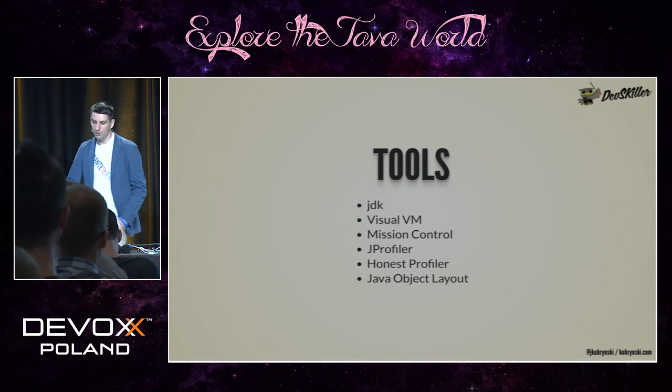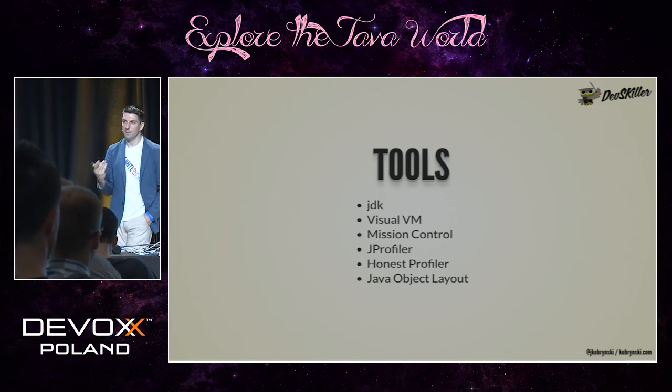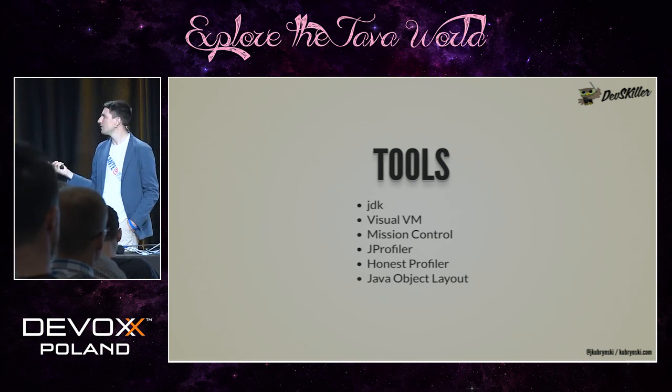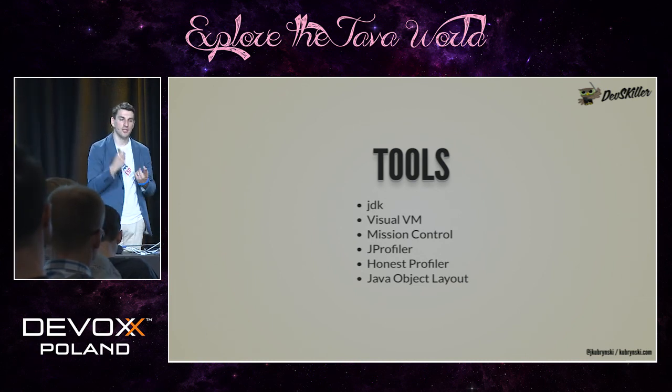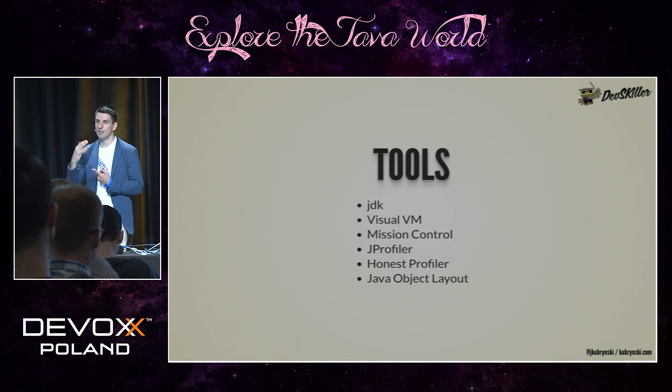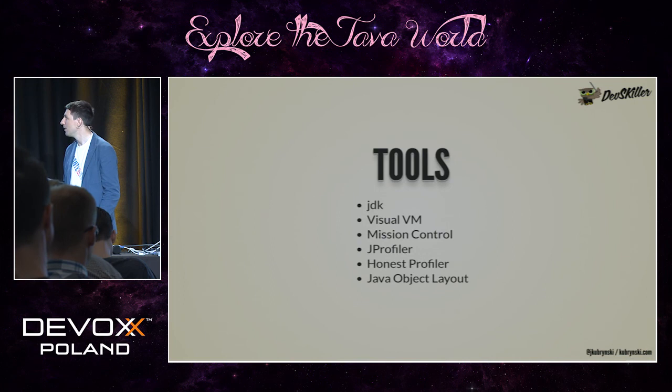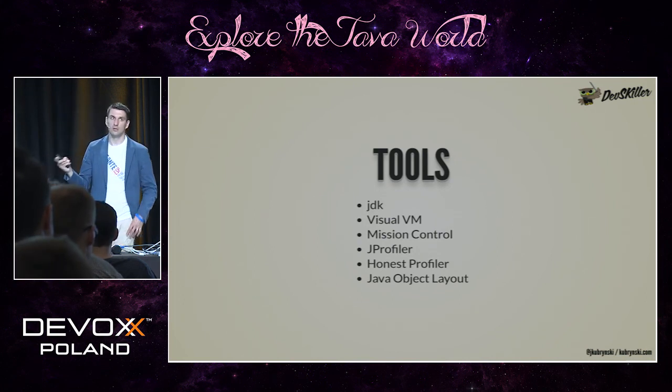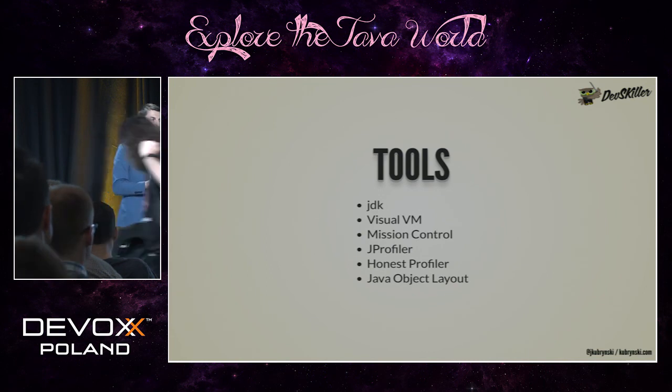And if you want to know more, there are tools that are available, okay? There are a lot of tools in the JDK, like jmap, jstat, jcmd, etc., that you can use to dig into your JVM. You can use VisualVM or Java Mission Control to check what your application is doing, okay?